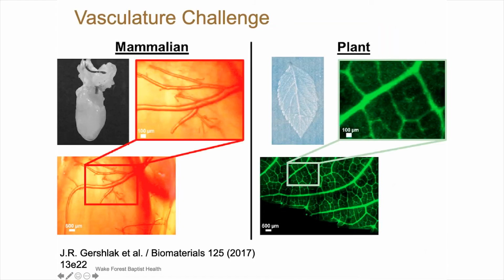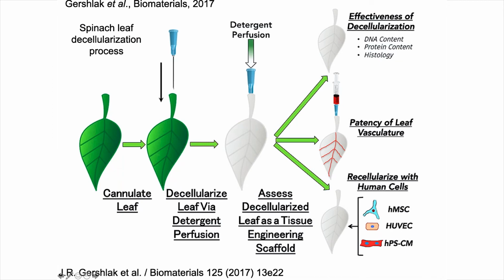And there was a group about 4 years ago that showed that they could decellularize a spinach leaf, similar to what we do with the heart, the kidney or the liver. So you take all the cells out of it. And then what this group did, after they decellularized it, they checked the patency of the vasculature with a red dye.